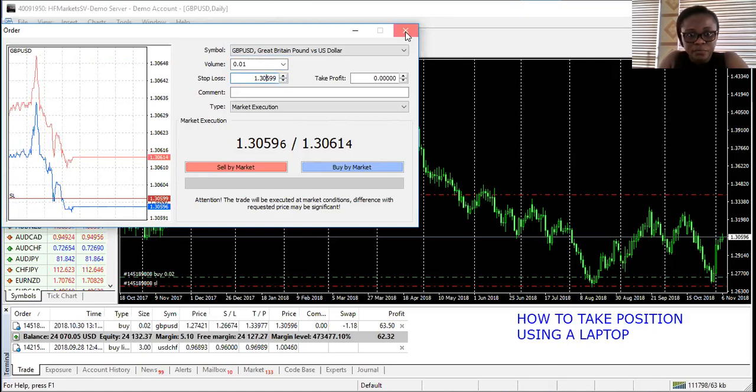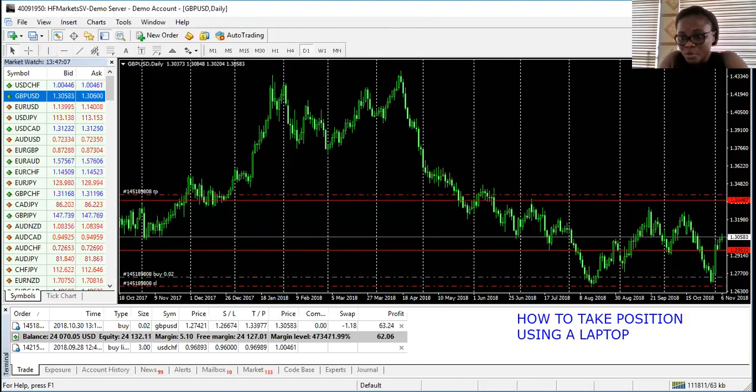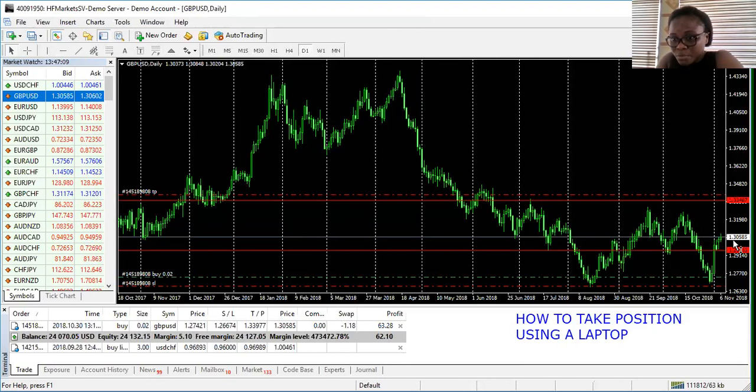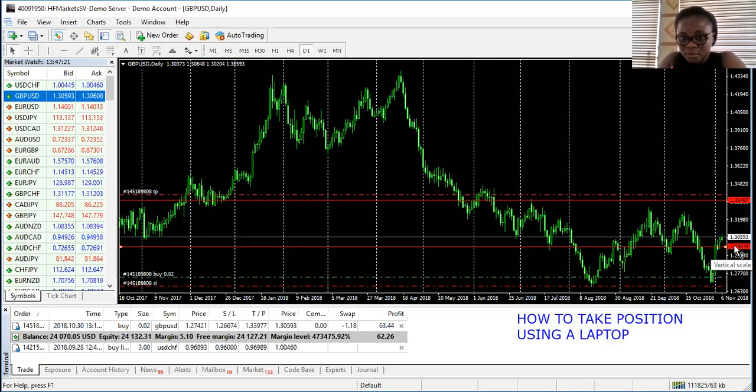First of all, let me go into the market. Here's where my stop loss will be and my take profit will be. My stop loss will be below this. Let me bring it small, like this, because I don't want to lose much. In case the market goes against me, I don't want to lose much.